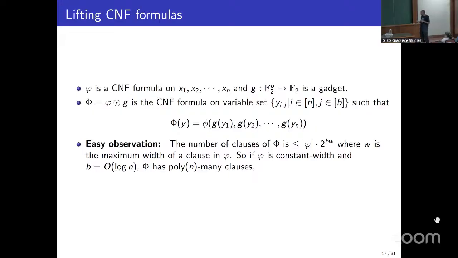And the way you do it is you look at every clause of the base CNF and you lift that clause. By lifting that clause, you do some brute force over the truth table of G and see which assignments are not allowed, and you write them down in CNF form. So in particular, if the base CNF is constant width and the gadget size is order log n, then the lifted CNF has polynomially many clauses, which is what we want.